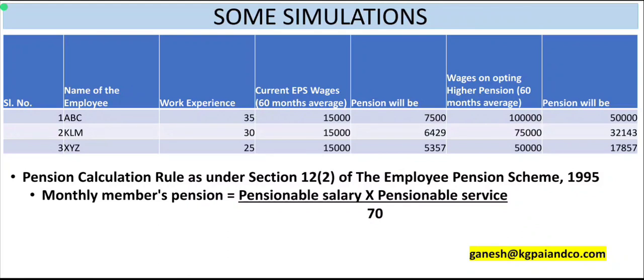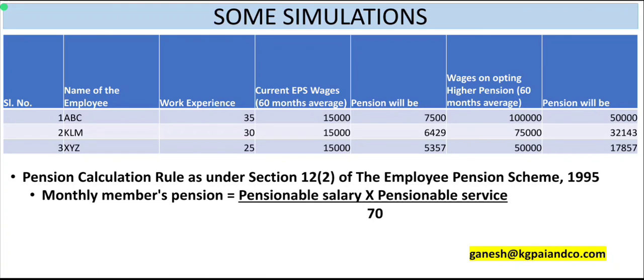Accordingly, in the simulation, if pension is calculated considering the full ceiling wages as the last 5 years' pensionable salary, it results in 7,500, 6,429 and 5,357 monthly pension for service of 35 years, 30 years and 25 years respectively.